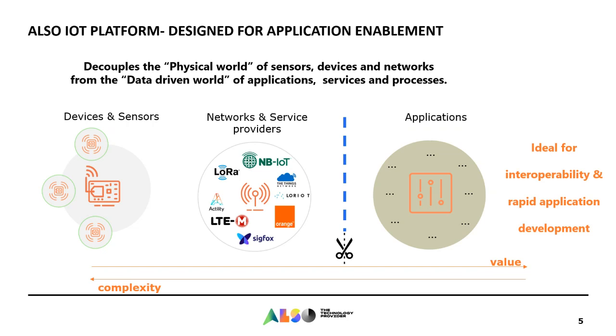So it's really ideal for interoperability of both devices and applications. And of course, it makes life a lot simpler, a lot more standardized to build new applications. So that's really the core, and what you will see in the rest of the training will be how we deliver this and how you can use this as a developer.